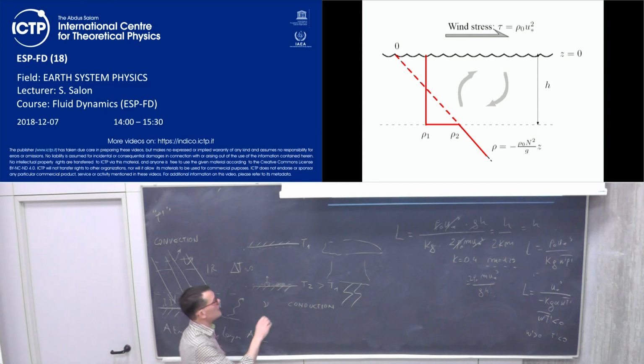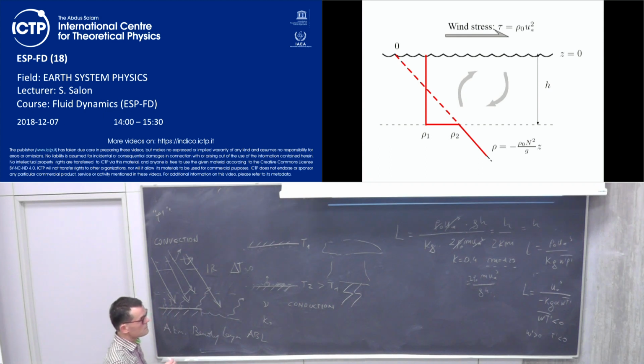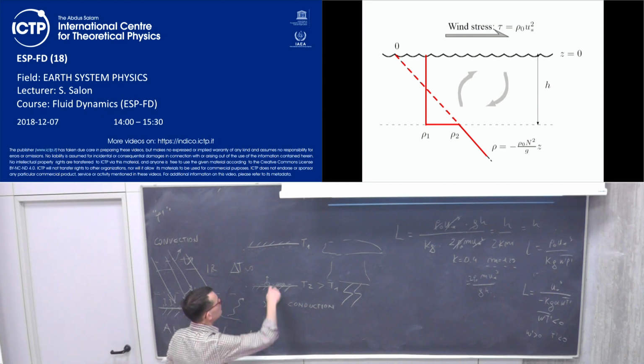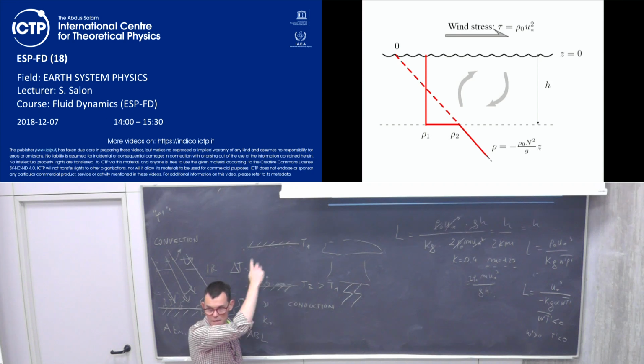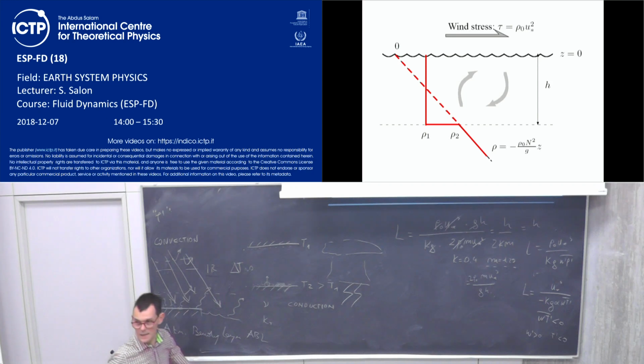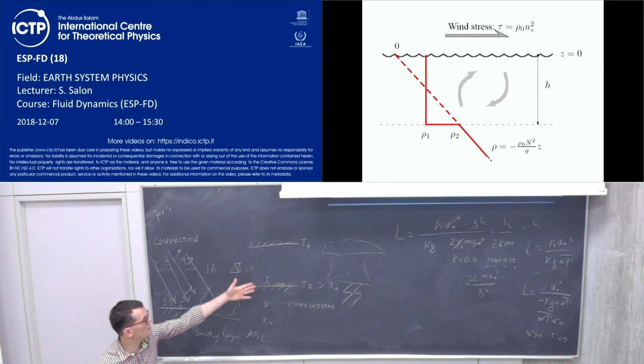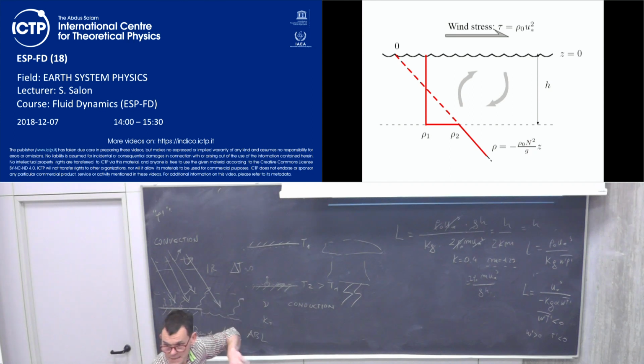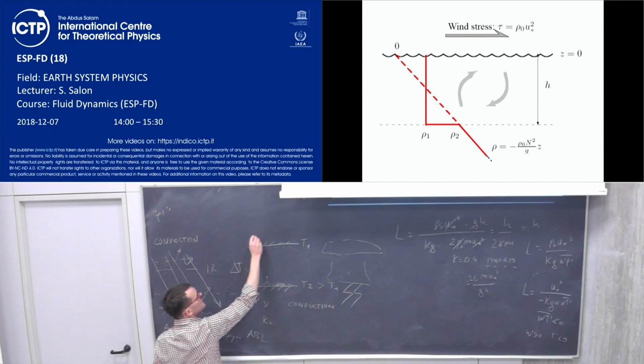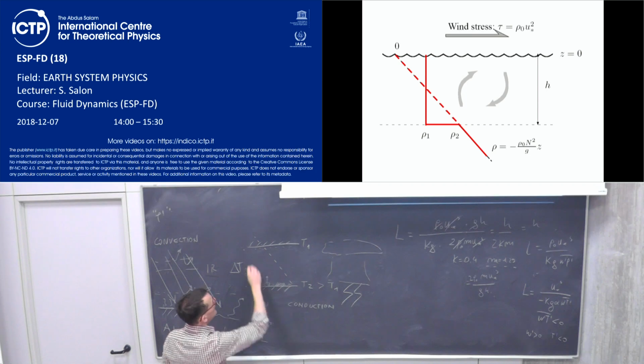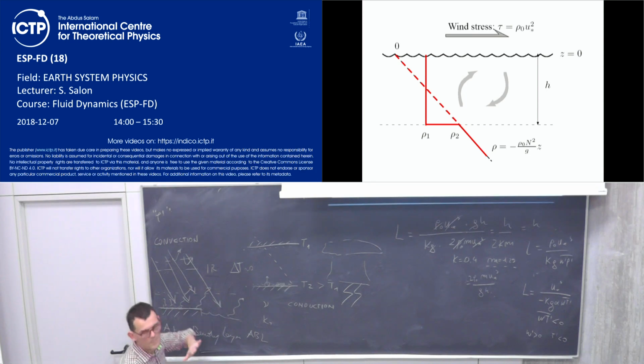But in absence of other forcing, there will never be the possibility to create a complete mixing of the system. Okay, it's like in the previous case, the fact that we have simply a system that is completely stratified.